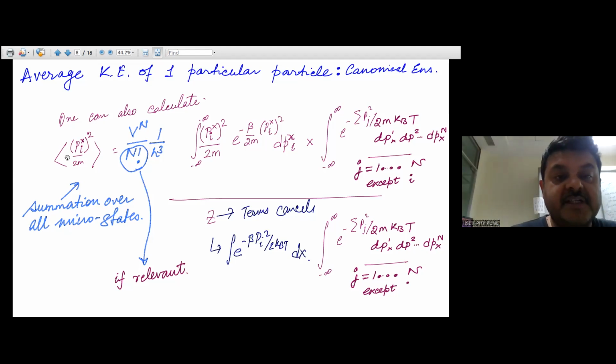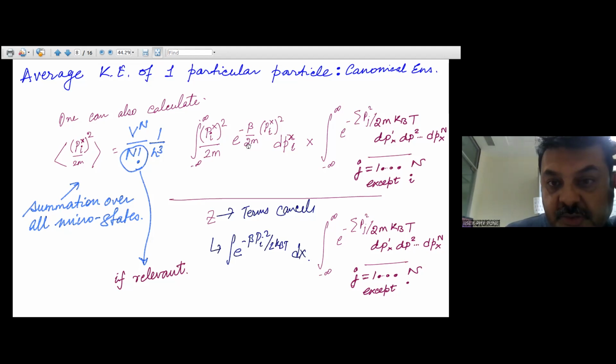The way to calculate it is to take the value of the variable, in this case px squared by 2m, times the probability of that particular microstate.